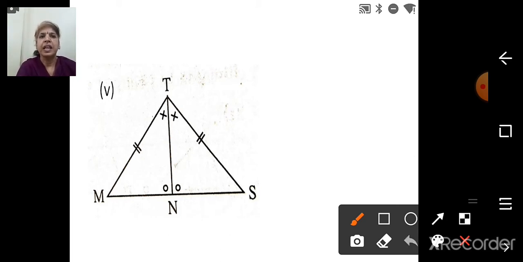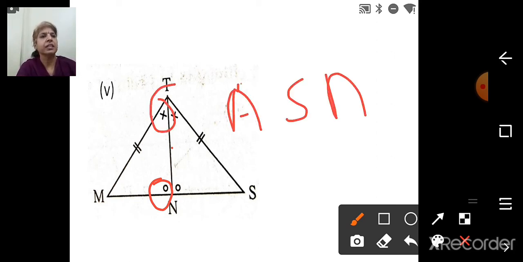And then here we are having more than one test because 4 parts are given. And which is the next one? This is the angle, this is the side. So angle, side, angle. This test also can be taken.